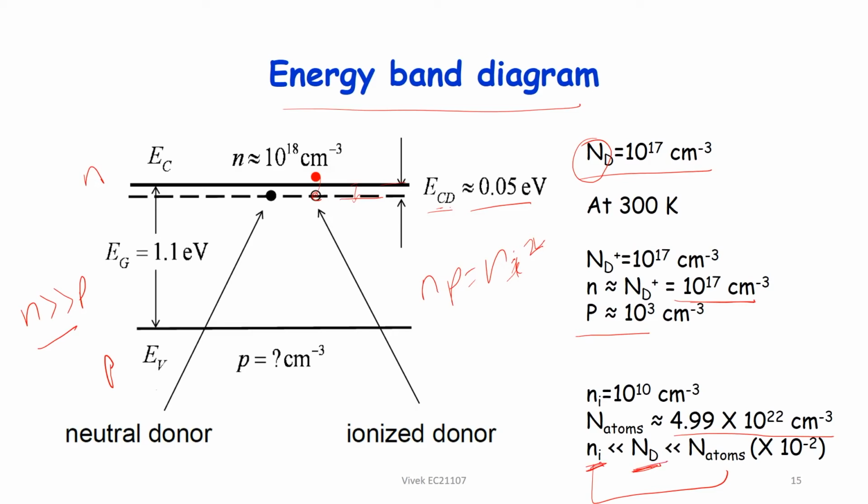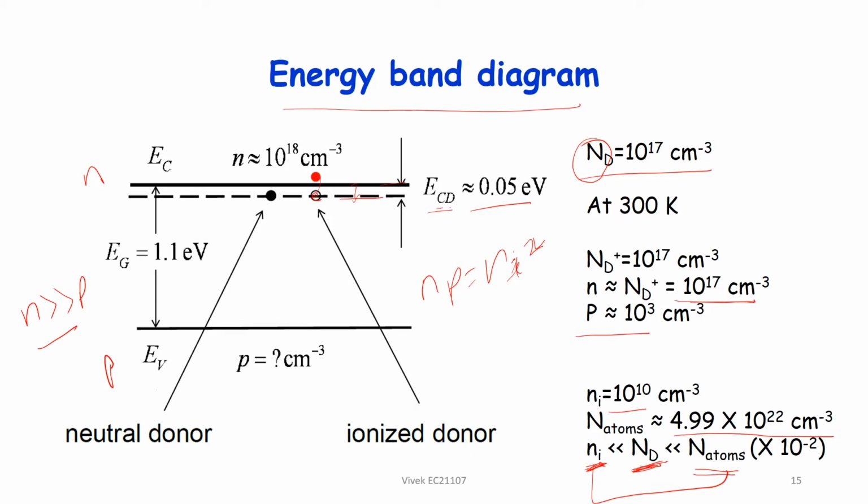So doping has to be more than Ni, that is 10 raised to power 10, and you cannot dope more than the number of atoms, because then the whole crystal will be made up of dopant rather than silicon. So Nd is usually between Ni and N atoms, and there has to be some margin.